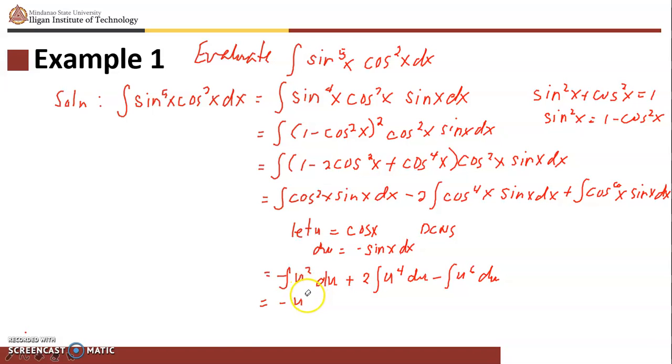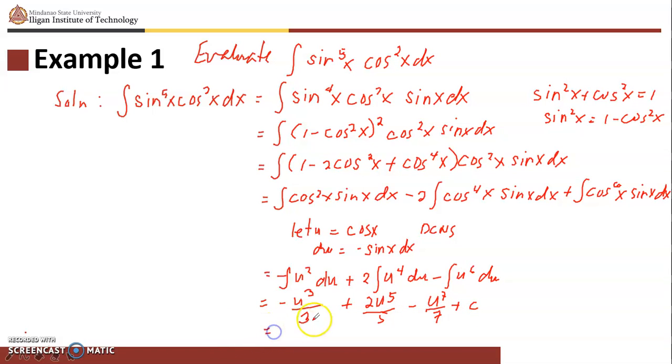So that should be 3 there, should be 3 all over 3, plus 2u to the 5th over 5, minus u to the 7th all over 7 plus c.